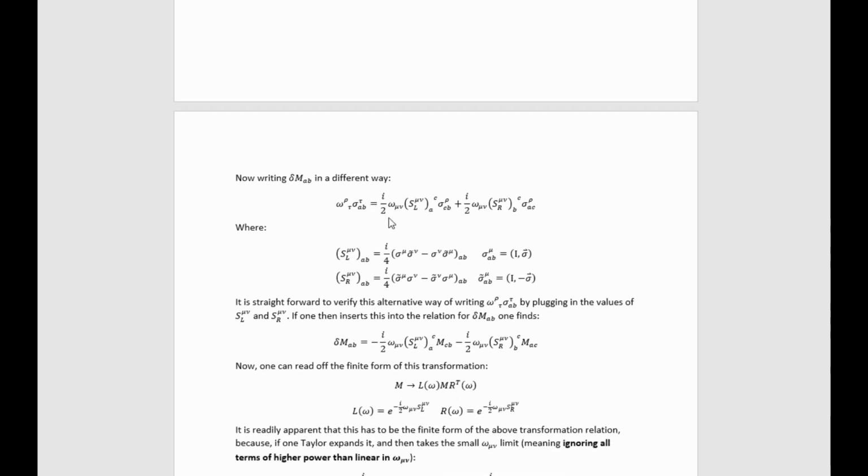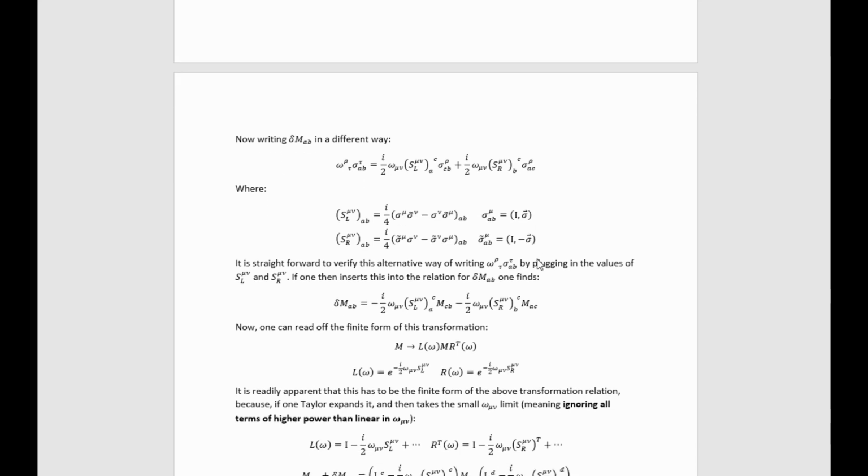So this quantity in the parentheses can be rewritten in this manner in terms of these matrices here, these S^L_mu nu tensors, which are defined in terms of these sigma mu and sigma tilde mu quantities, which themselves are defined in terms of the identity and the normal Pauli matrices. It is straightforward to verify this alternative way of writing this quantity by plugging in the values of these two tensors. Then straight simplification reveals that this does in fact equal that.